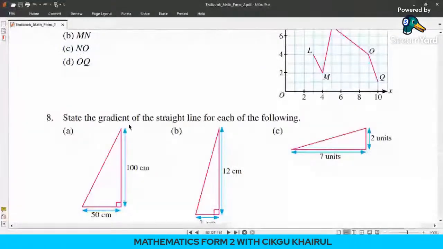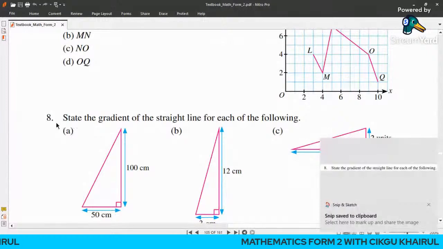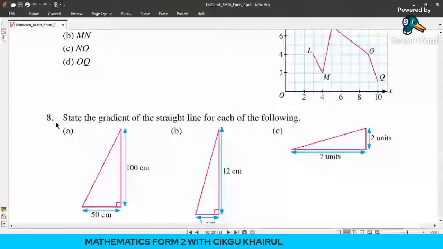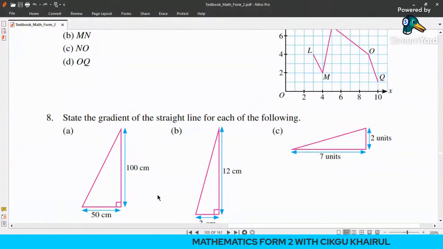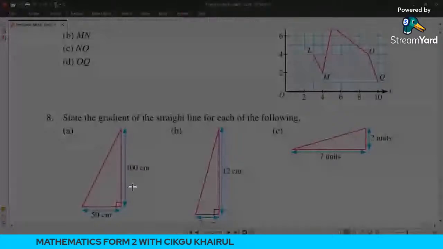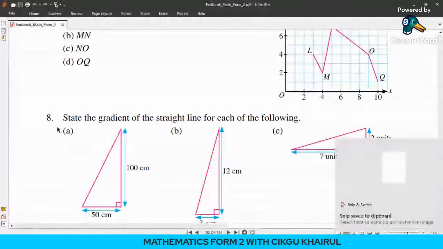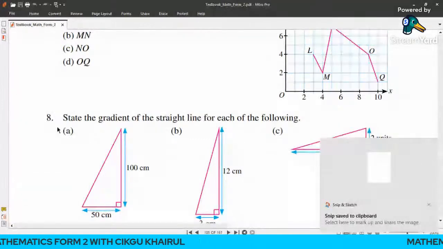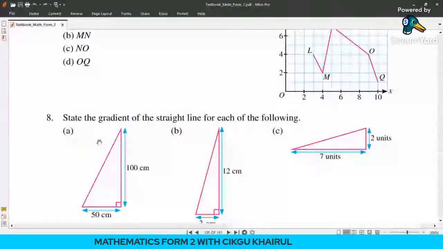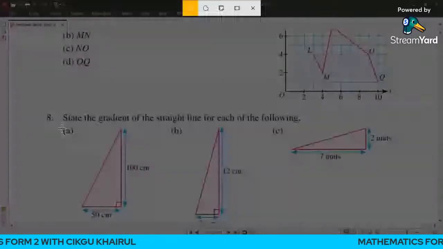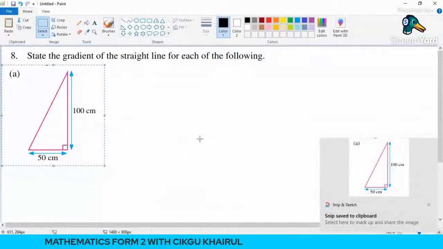Let me copy the diagram for question A. My computer today is quite slow. Okay, so this is question A.